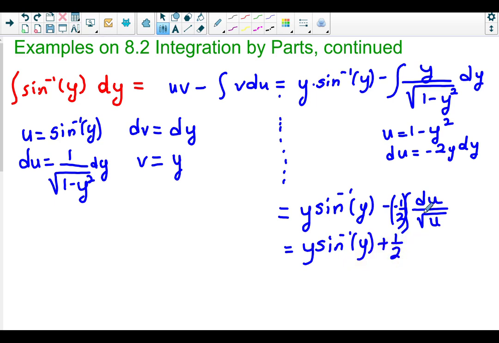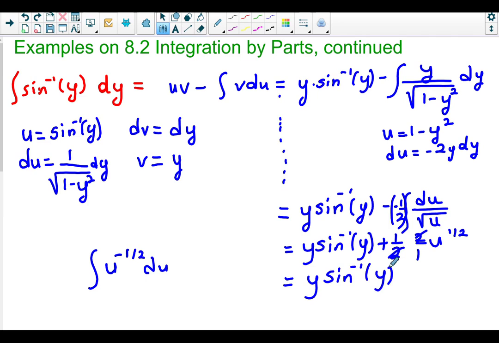Let's also go ahead and integrate u to the negative a half while we're at it. So this will be u to the 1/2 over 1/2, or times 2 over 1. Here the 2's cancel, and we have y times sine inverse of y plus the square root of u.